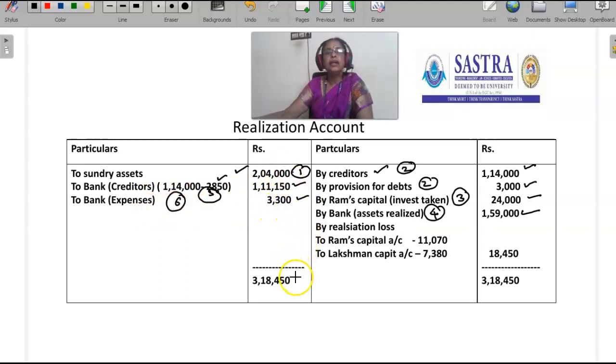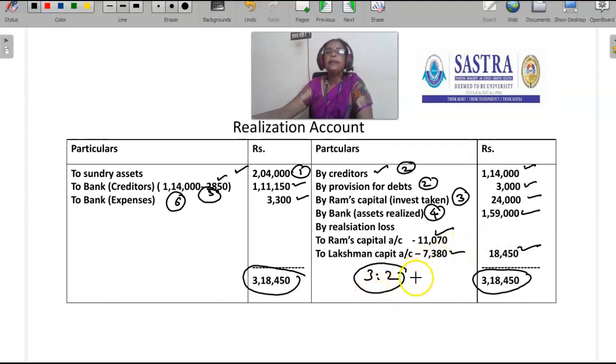So the total of the debit side is 3,18,450. And so in this case, the firm faces a loss, to the extent of 18,450. That 18,450 loss should be transferred to the partners' capital accounts in the ratio of 3:2. This is the profit sharing ratio.